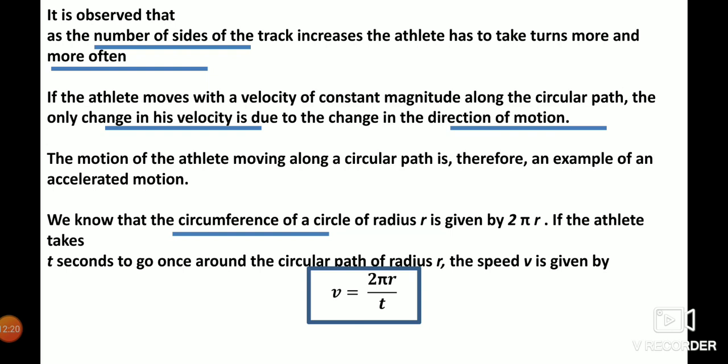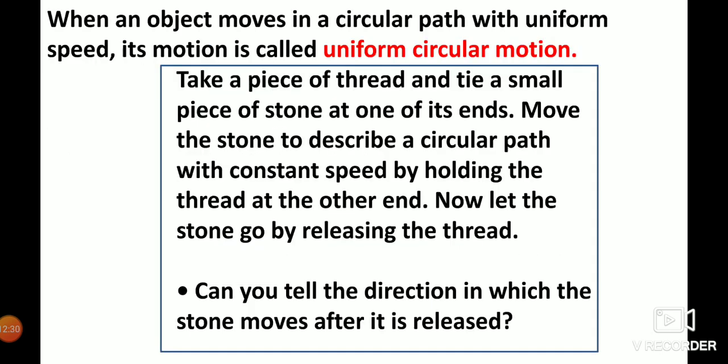So v = 2πr/t, the circumference, or the distance, upon t. Now, when an object moves in a circular path with a uniform speed, we call it uniform circular motion. That means only the direction of the object is changing, but the speed of the object is constant in a circular path.